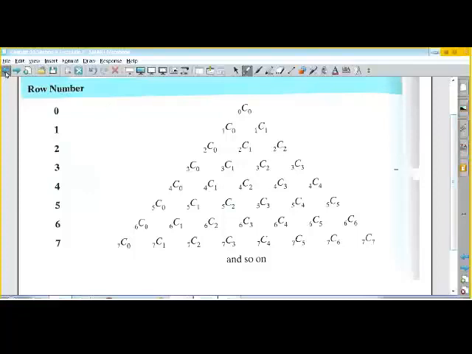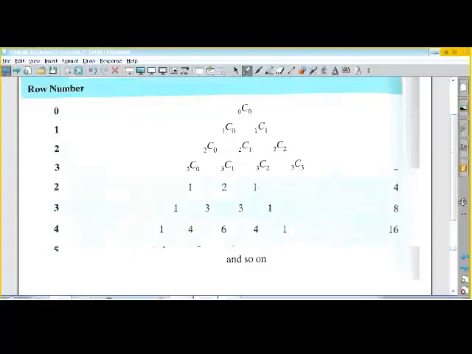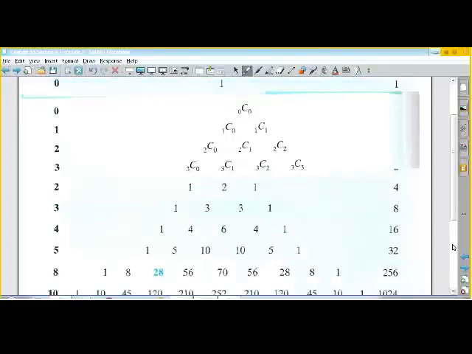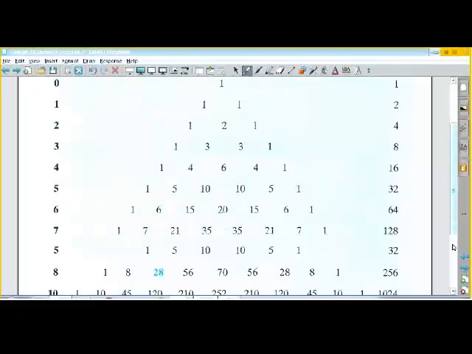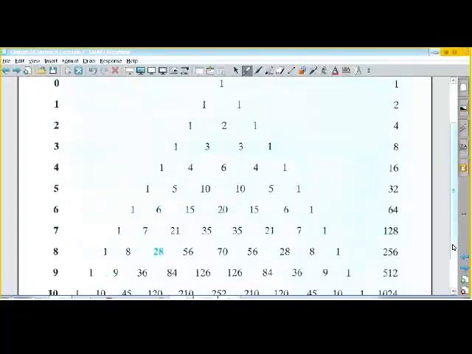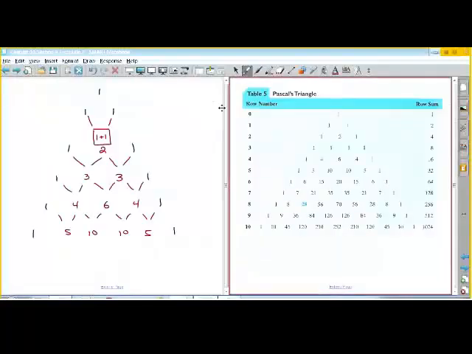So I go back to my previous page and I go to the 7th row, and the 4th number is 35. So that's the answer. I could do it with 7 factorial divided by 3 factorial times 7 minus 3 factorial. I could do all the math, or I can just look at it directly from Pascal's triangle. So that's the whole idea. That's the whole section, really, is that fact.